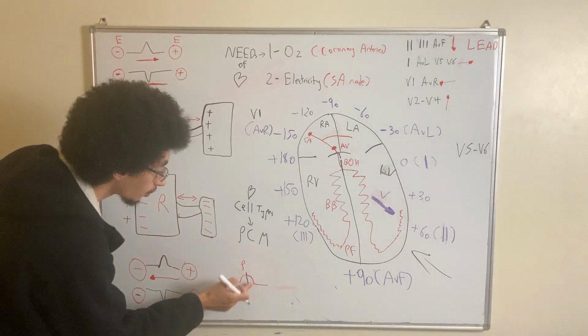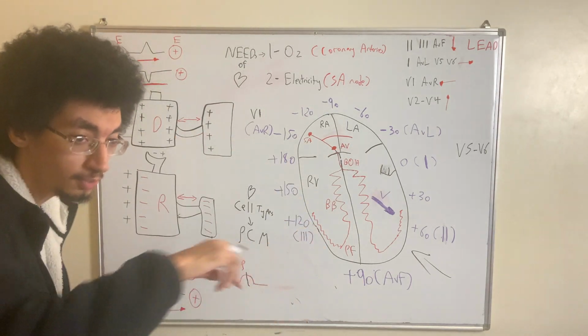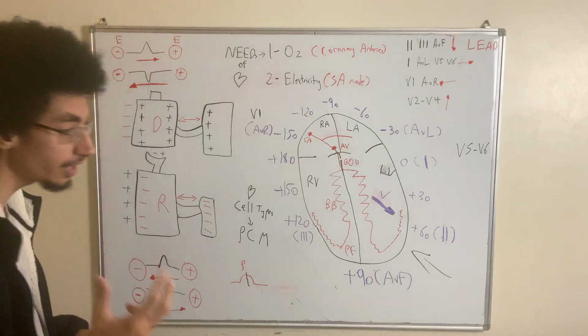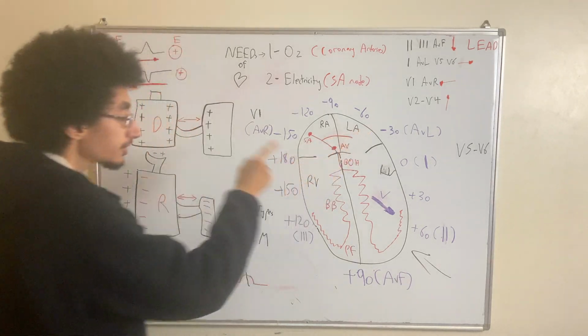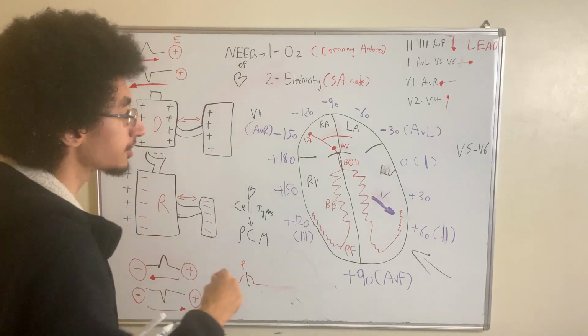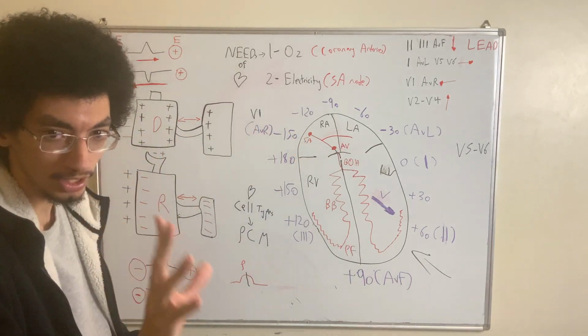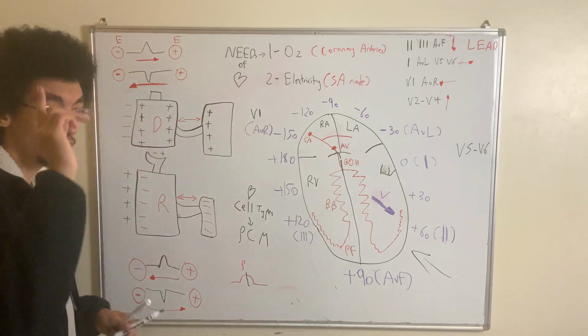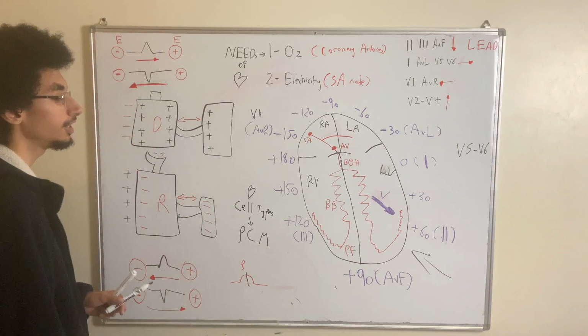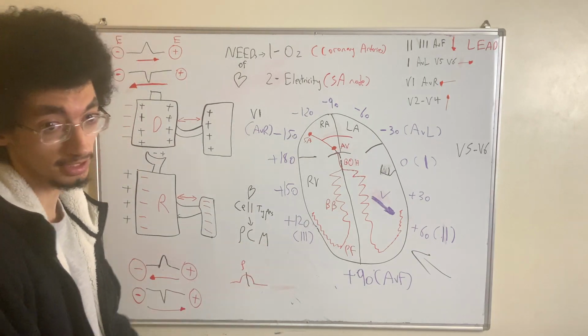Then the second portion of this wave, the terminal portion, represents left atrial depolarization. Why? Because the left atrium is the one to be depolarized after the right atrium has been depolarized, as it's farther from the SA node. So the P wave represents specifically right atrium as well as left atrium depolarization.